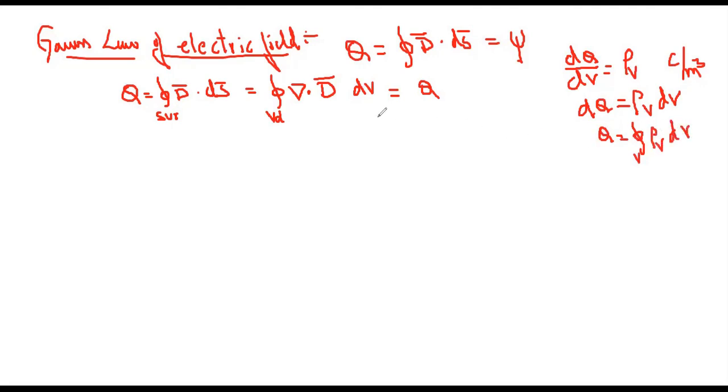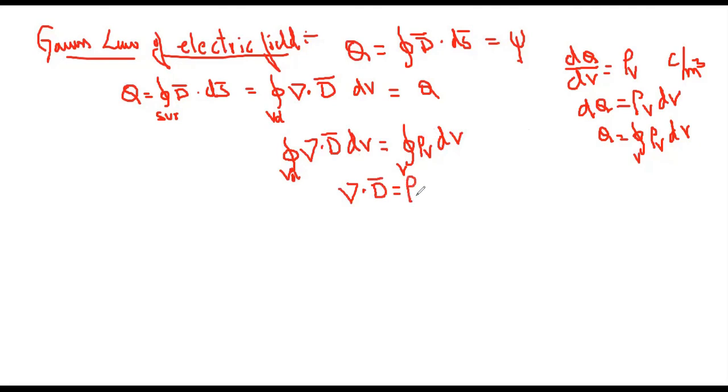Substitute this Q here. The volume integral of del dot D bar dv is equal to Q, which is the volume integral of rho v dv. So on both sides we have a volume integral only, and del dot D bar is equal to rho v.